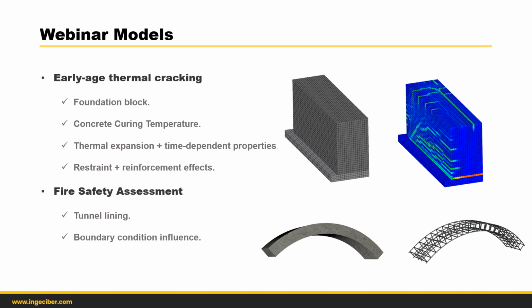The cracking stress will vary with time. And of course the restraint and reinforcement effects on cracked patterns. And the second example will be the fire safety assessment on a tunnel lining segment, and we also will analyze the boundary condition influence.